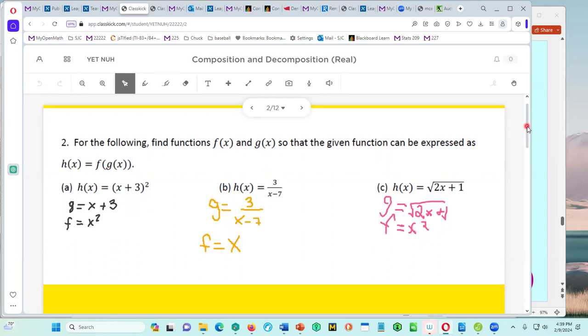What's the other way that I should write it for the test, the correct way? Okay, so the way you wrote it is fine. It's just you need to come up with a different G and a different F to have a legit answer. So what would be a way to do it, Jackson, for part B on slide 2?